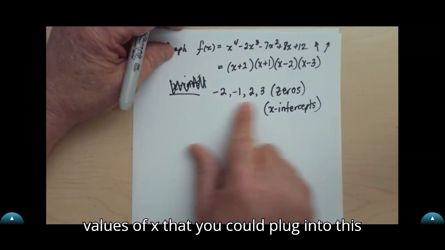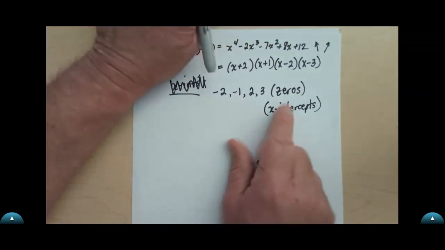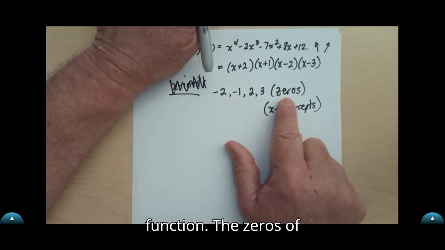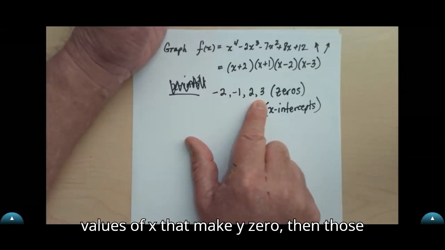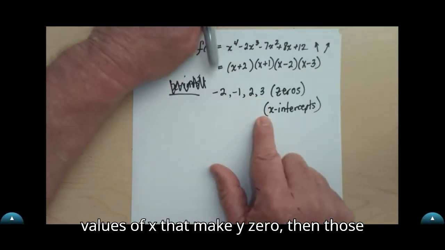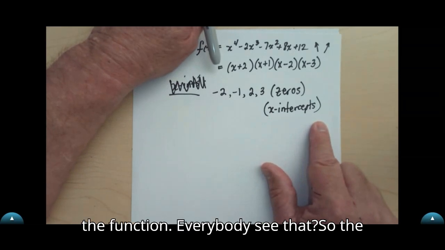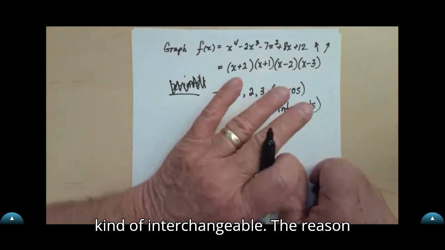The values of x that you could plug into this thing that make y equal to 0, those values are called the zeros of the function. If those are the values of x that make y 0, then those must be the x-intercepts for the graph of the function. Everybody see that? So the term zeros and the term x-intercepts are kind of interchangeable.